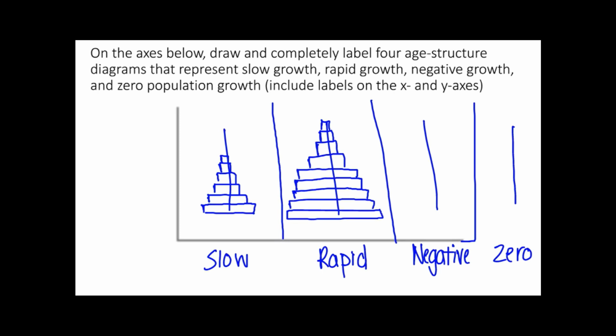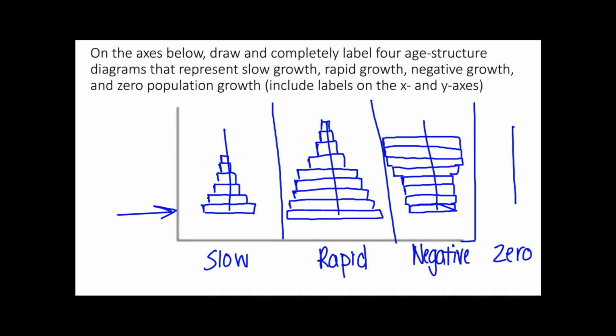And then a negative growth, you're going to have something like this, where you've got fewer people in those childbearing years than you do in the older generation. So this you might see in a country like Italy, because remember at the bottom, you've got your kids. Kind of towards the middle, you've got childbearing years.